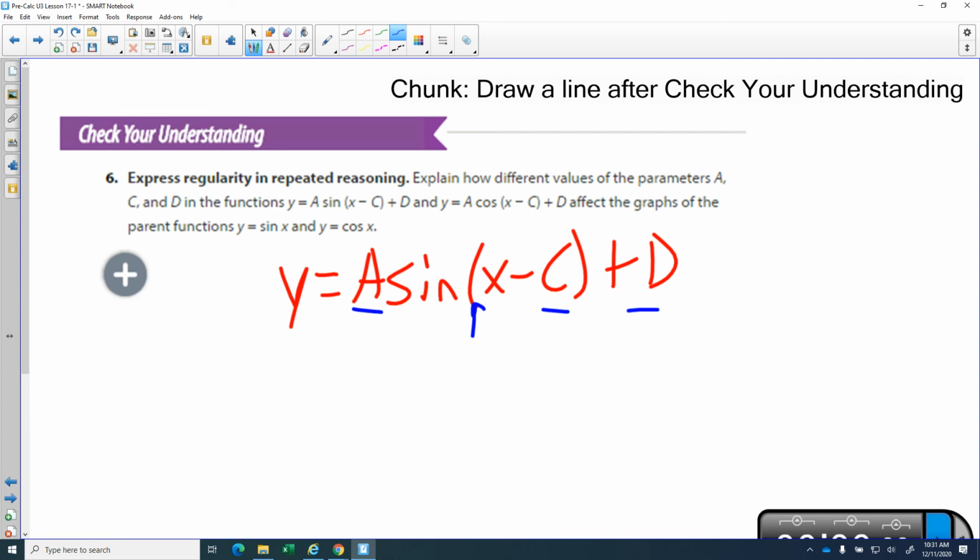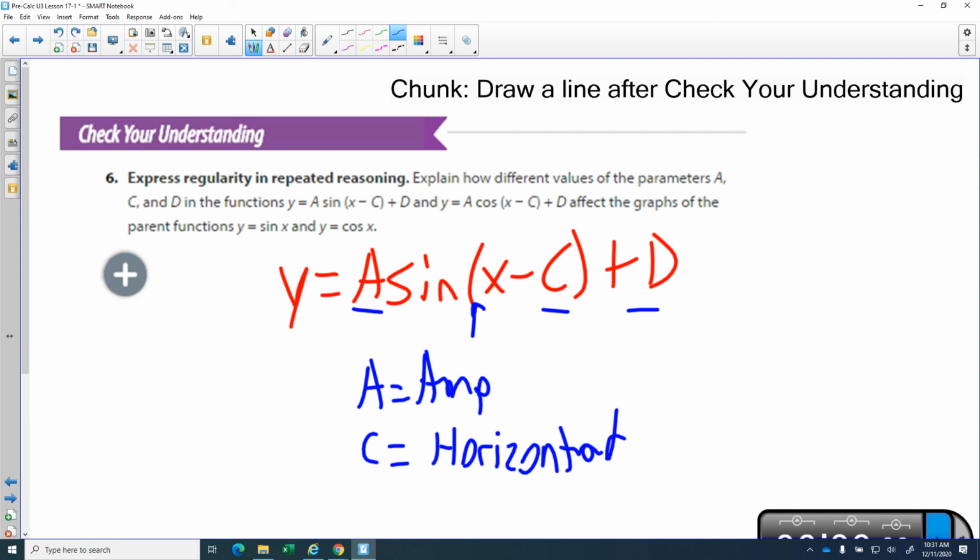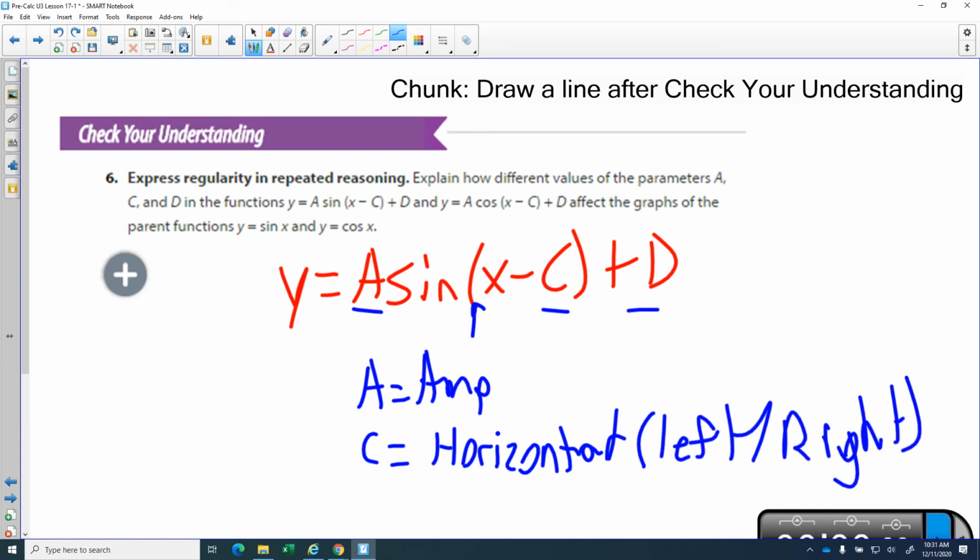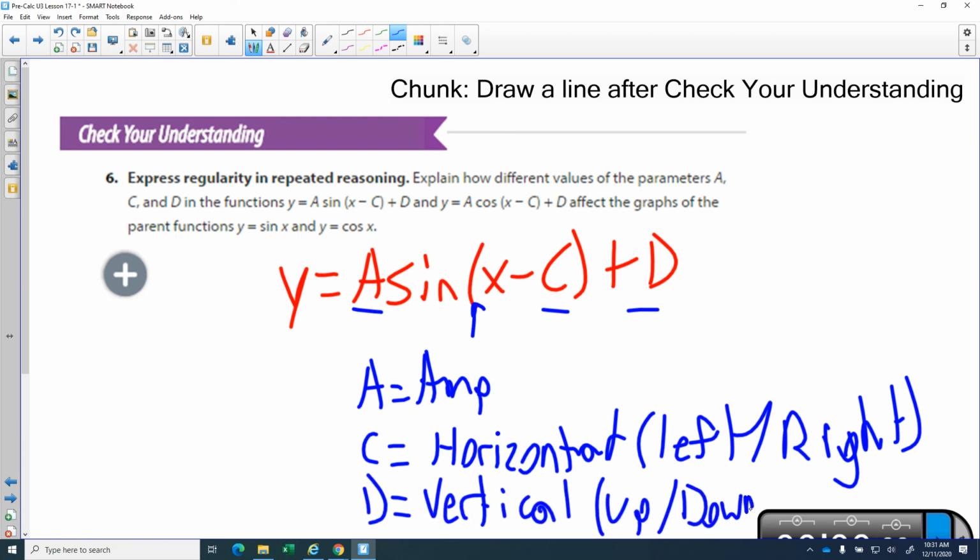But if I focus on A, C, and D, A is just the amplitude. C is going to cause my horizontal translation, which is going to make it go left or right. And the value of D is going to make it go vertical, or our up/down motion.